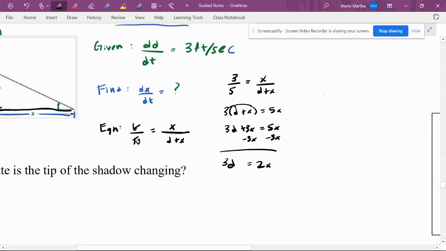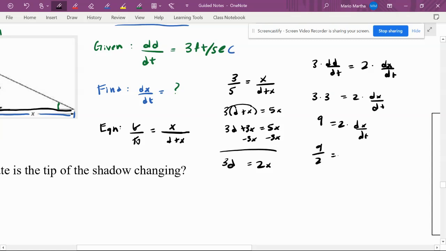Take the derivative of both sides, and we now have 3 times dd over dt equals 2 times dx over dt. And then here, substitute: 3 times 3, that's the given, 3 feet per second, equals 2 times dx over dt. So that's going to be 9 equals 2 times dx over dt. Divide both sides by 2, and we end up with 9 over 2 equals dx over dt.